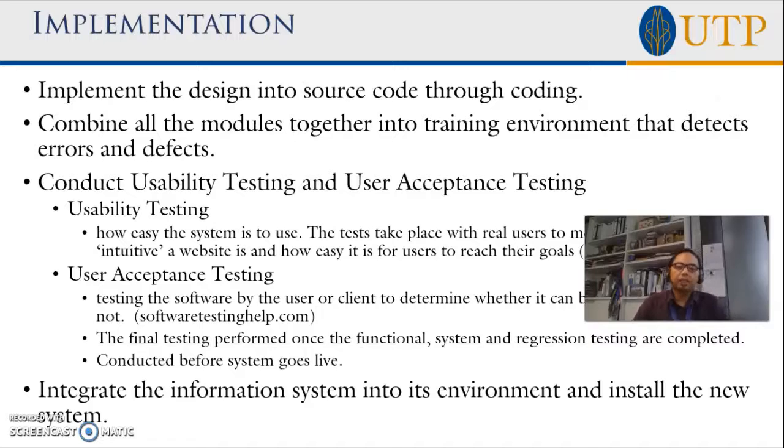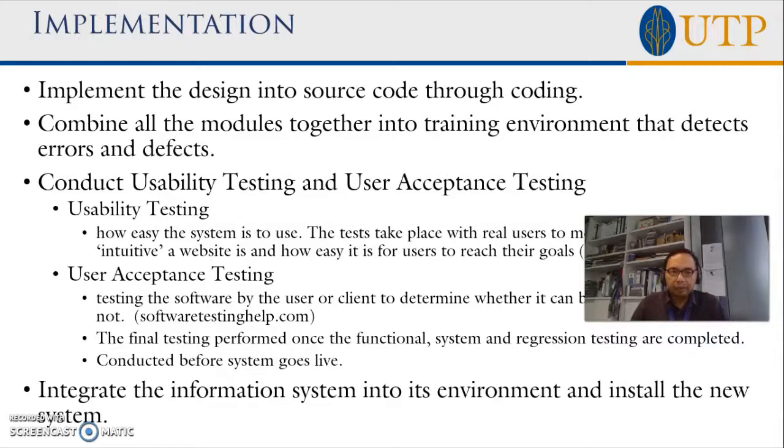Hence, the next phase is implementation, right? So that based on the design documents, the development will take place. Now the programmers can do their work based on the design documents that has been prepared by the system analyst.